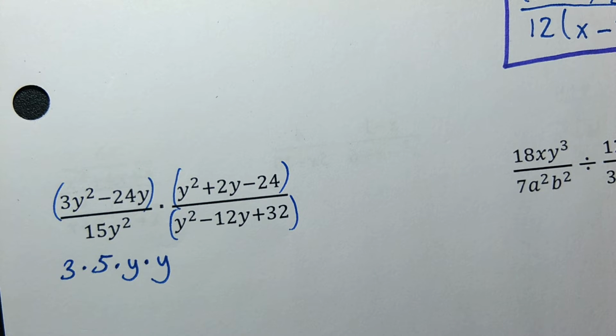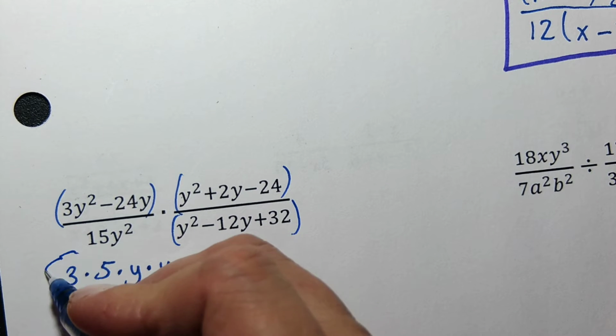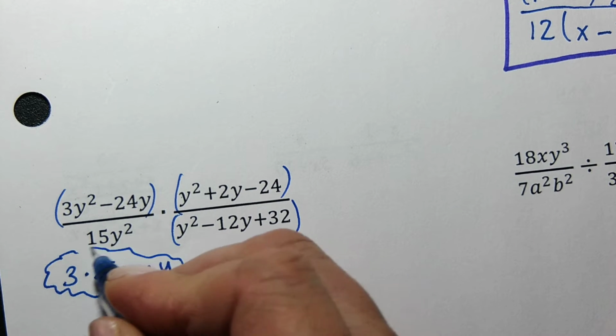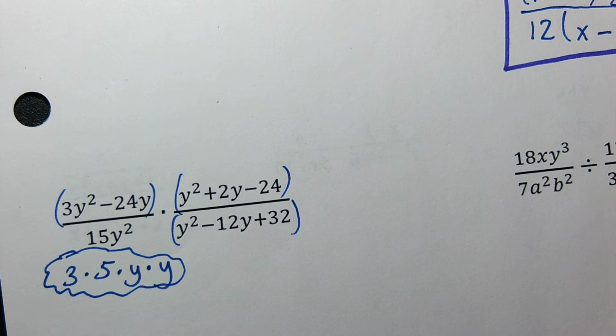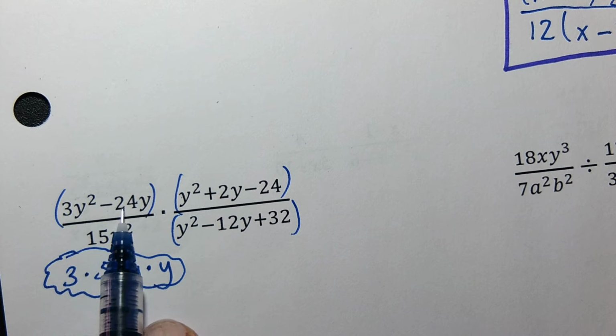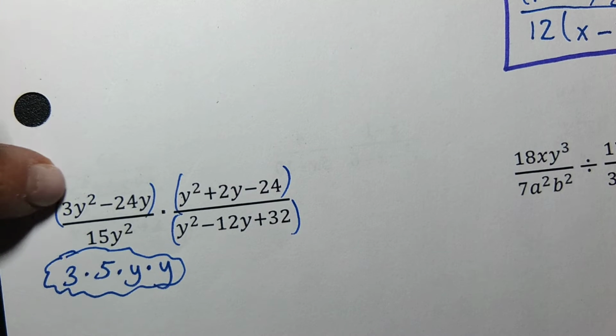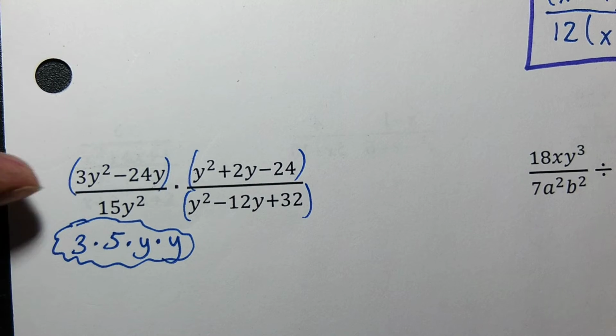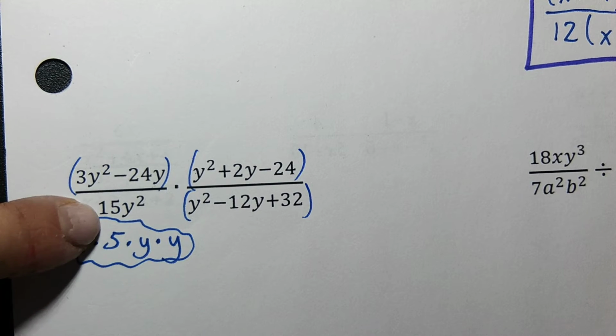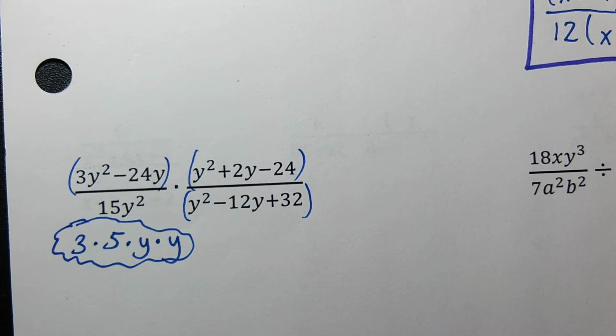You're like, yeah, I guess, but why would we do that? Monomials have very fragmented factors. I wouldn't want to do that to the 24y or to the 3y squared because this is a binomial expression that I want to break up into something times something else. But for monomials, it's all multiplication within the expression, which is why we're going to kind of mince it up in order to be able to cross off and simplify. So more on that in a moment.